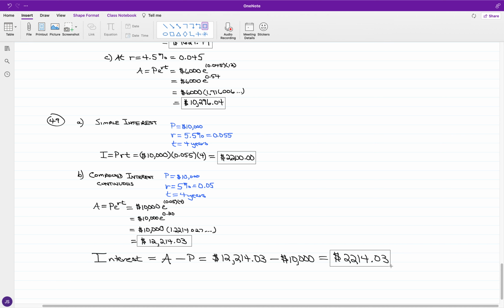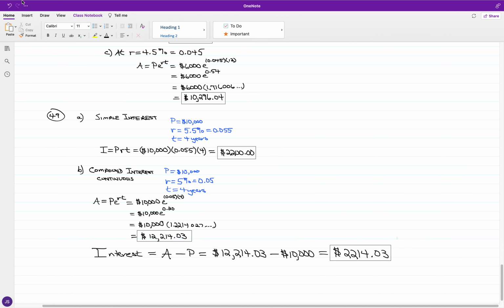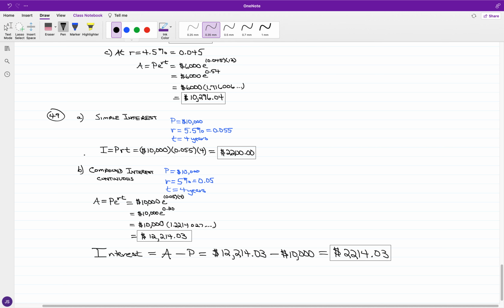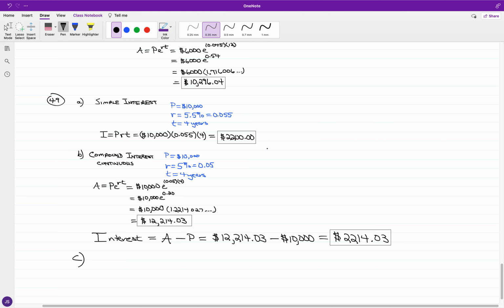And for the lead-in to part C, it's asking which option results in less total interest. If you look at the options here, simple interest gives you $2,200, and continuous compounding of interest gives you 2,214.03.